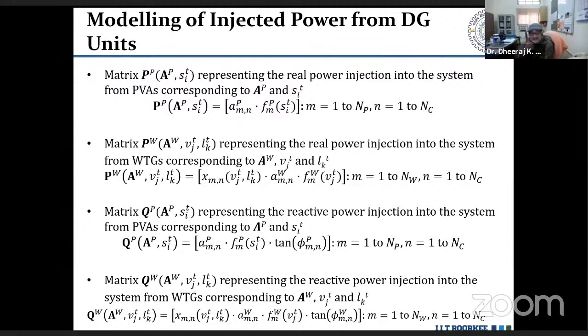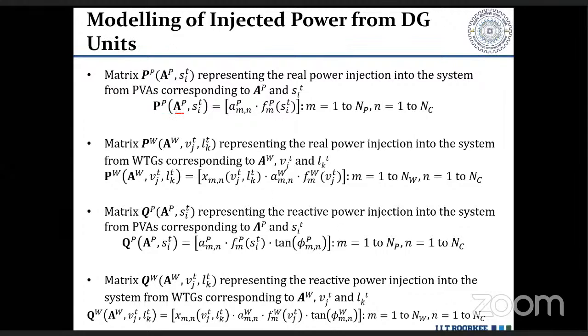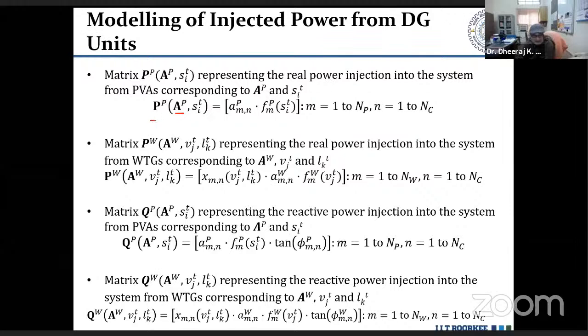Then we modeled the injected power from DG units. So we have developed the location matrix for photovoltaic. Now we computed the active power injection. That is the number of solar photovoltaic arrays at a particular location multiplied by the corresponding power from a solar photovoltaic array.